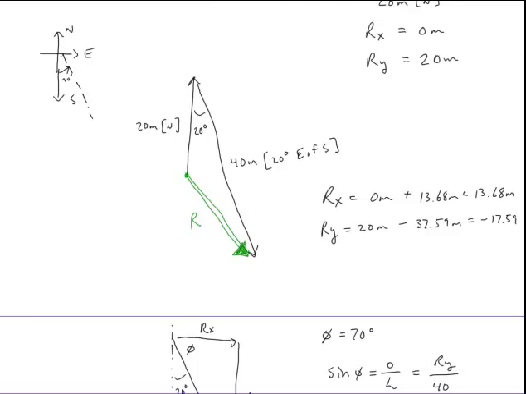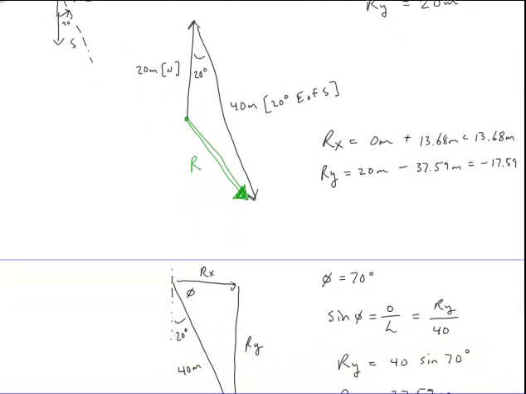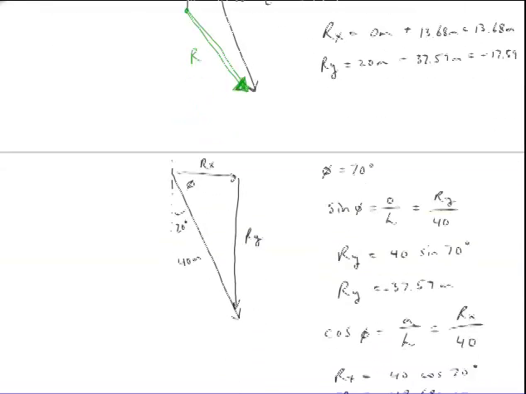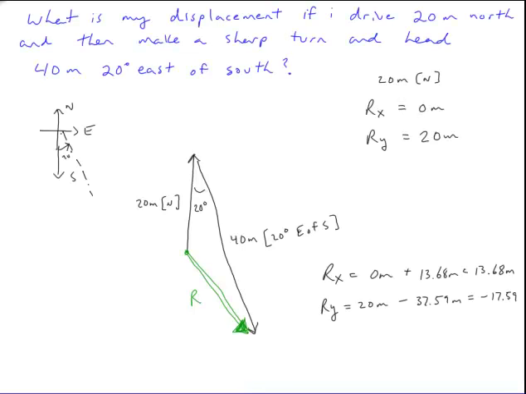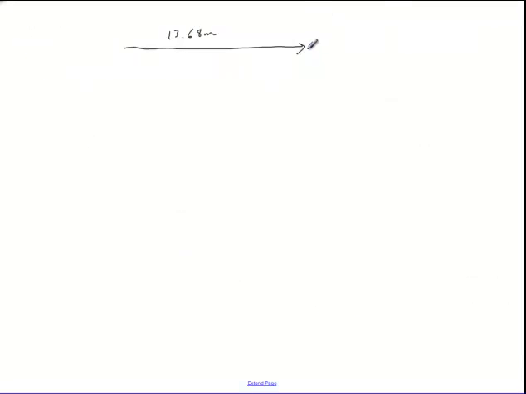How do we draw that triangle? Let's do this in its own new slide. In the x direction, we're going 13.68 meters. In the y direction, we're going negative 17.59 meters.